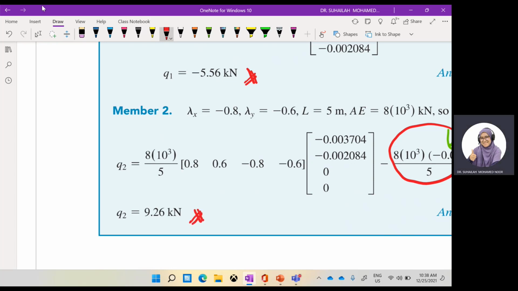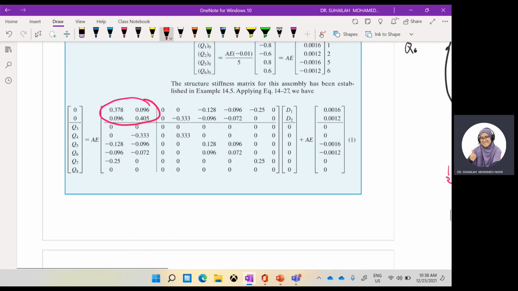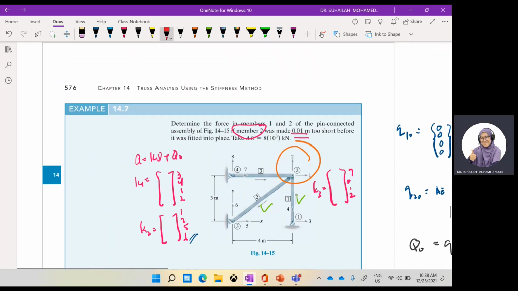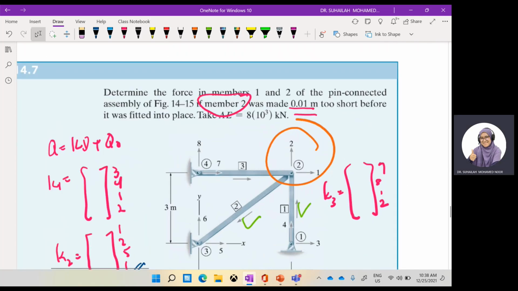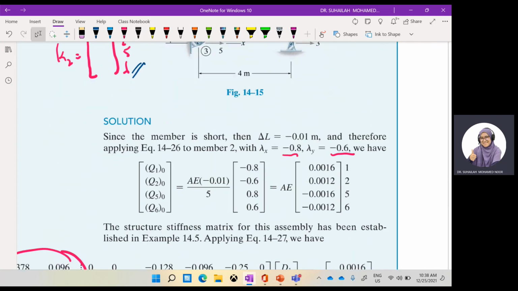So this is how we analyze or consider the effect of fabrication error. For temperature changes, we need to do the same, except the formula to calculate the equivalent element nodal forces will be different.